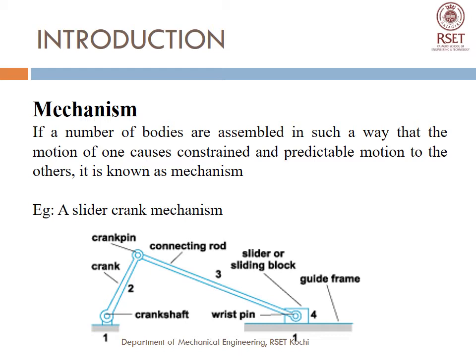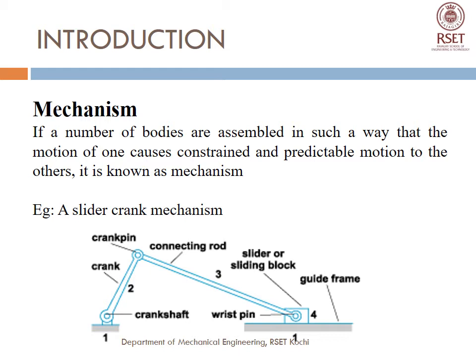That is the motion analysis part of the mechanism. And in order to design a mechanism to get the desired output motion, we need to synthesize the mechanism. That means we need to design the particular mechanism to get a particular output motion.